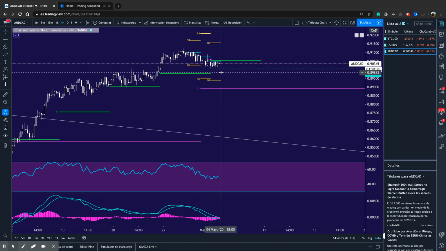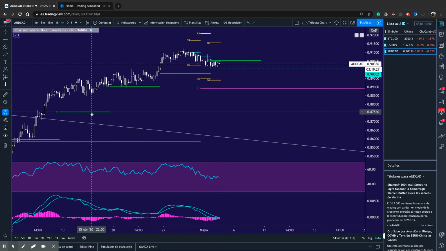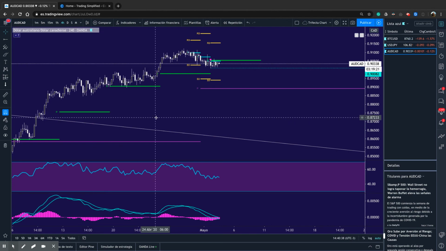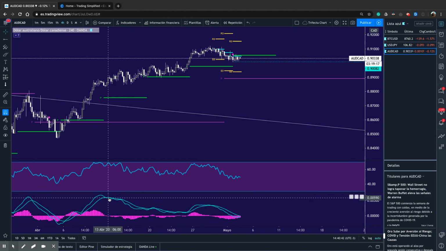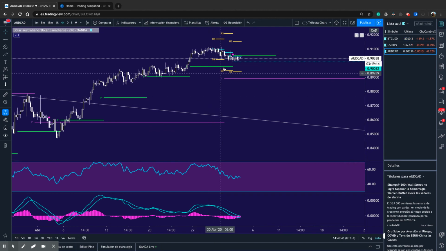And if we break this low of this consolidation, of this sideways movement, we can target this monthly pivot of May, or this weekly pivot that we have over here. So place your stops properly. We have a nice setup because we have MACD divergent and RSI as well. And if we break, we could see a really nice movement.